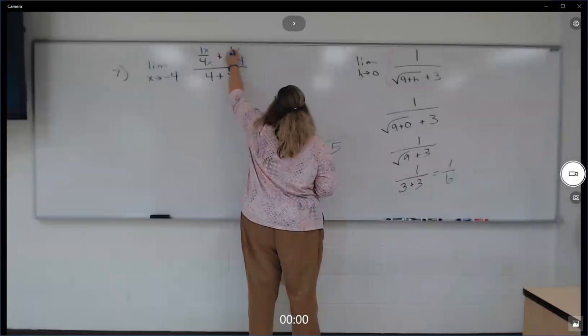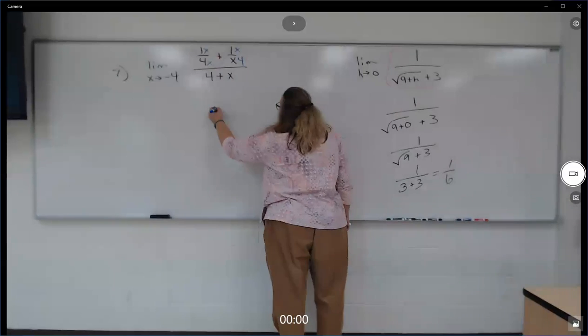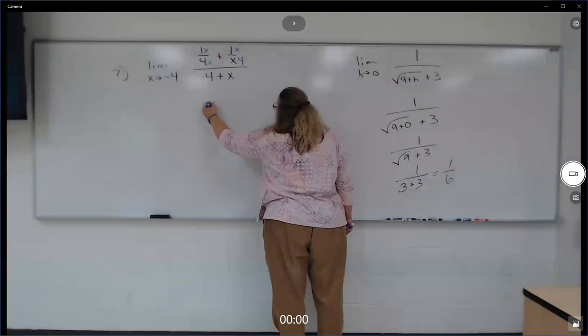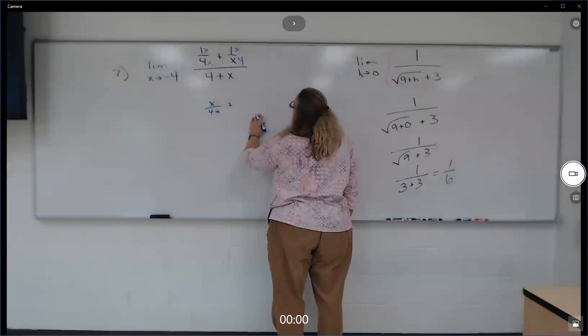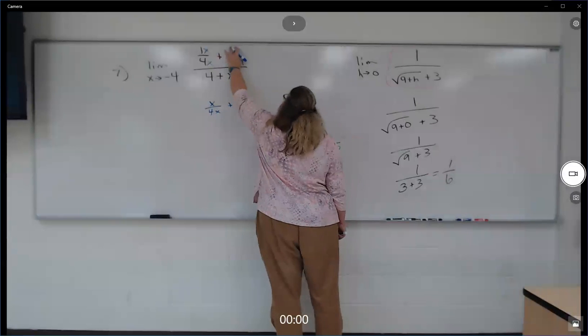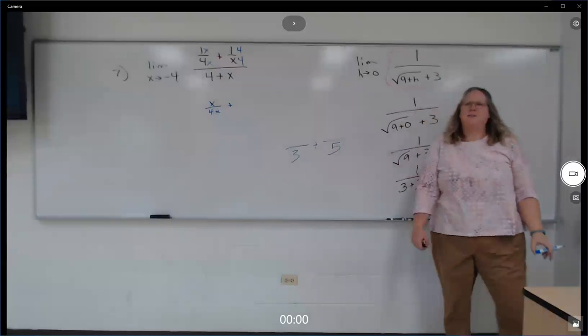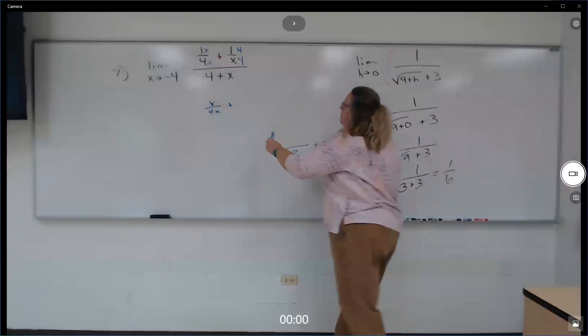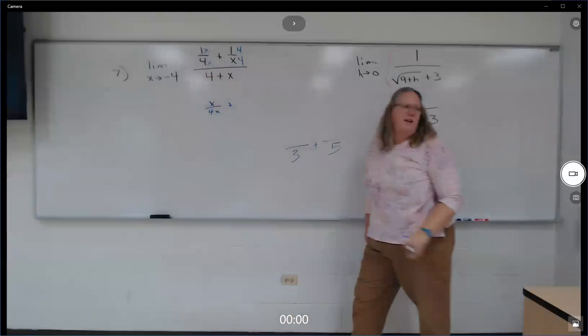Here, top and bottom, by 4. So now I have 1x, which is really just x, over 4x, plus, oh yeah, there should be a 4, right? You gotta match top and bottom. Yes, you have to match top and bottom because this gives it a value of 1. X over 4 is not a value of 1. That's not good.